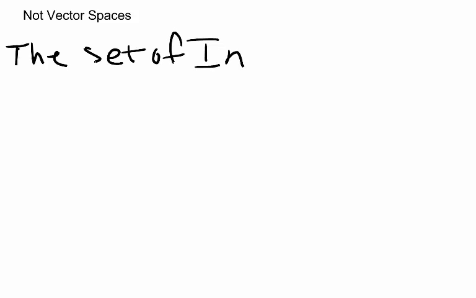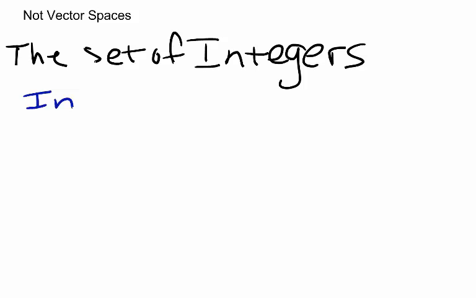Now let's look at a couple of examples of sets that are not vector spaces. The set of integers is not a vector space. One example of why: suppose we have an integer, let's make the integer 3.